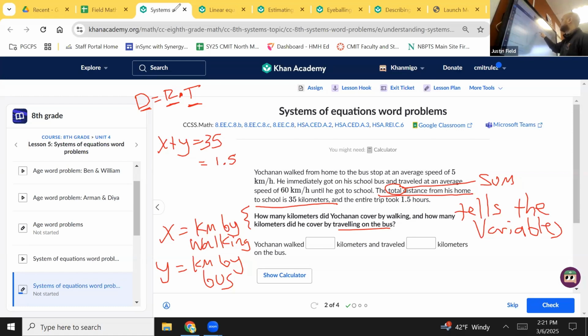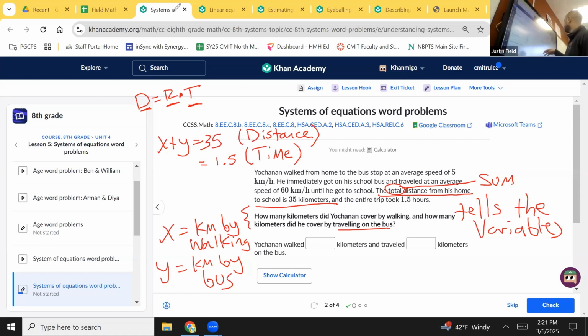Okay, and so this first equation is about distance, and the second equation is about time. And so I want to write my two expressions for the total time.